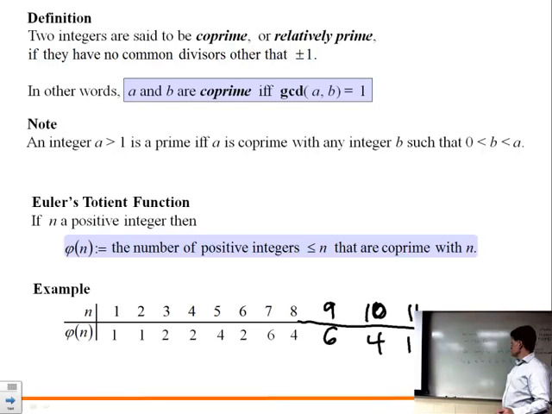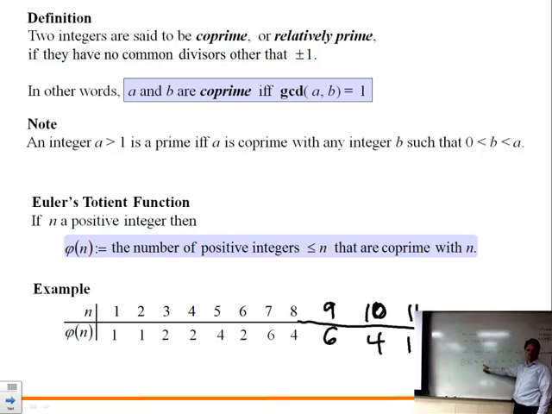Sure. So the GCD of 1 and 9 is just 1. So this counts. What's the GCD of 2 and 9? Just 1. So this also counts. What's the GCD of 3 and 9? 3. So that's bigger than 1. So this doesn't count. It's not coprime.